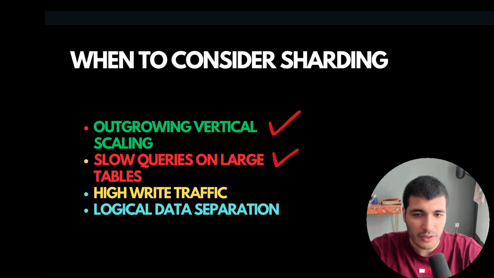If queries on your large tables are becoming excessively slow due to the sheer volume of data, sharding can break down those tables into smaller, more manageable sizes, improving query performance. Next, high write traffic. If your application experiences very high write traffic that a single database server can't handle efficiently, sharding can distribute the write load across multiple servers.